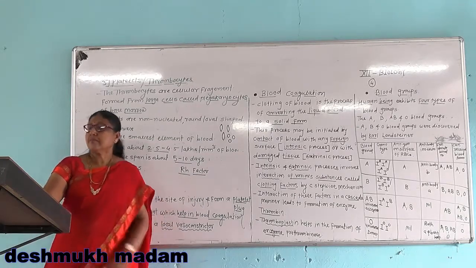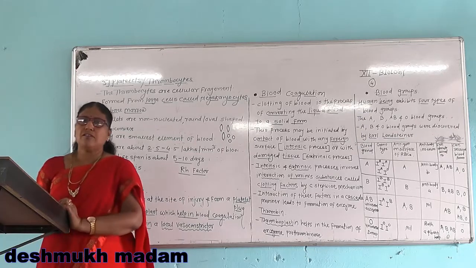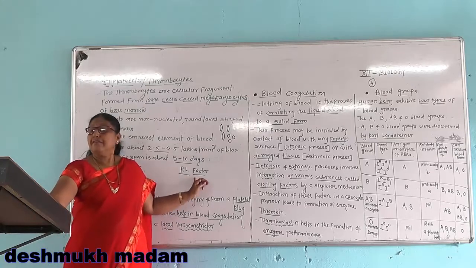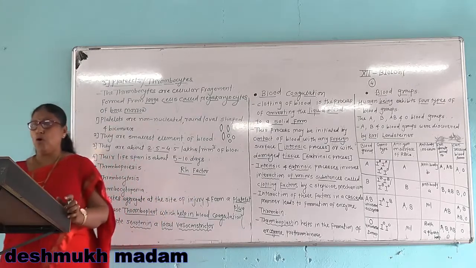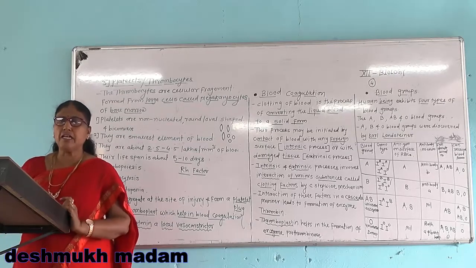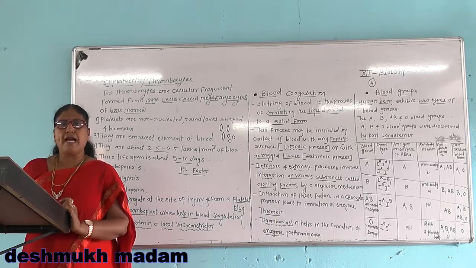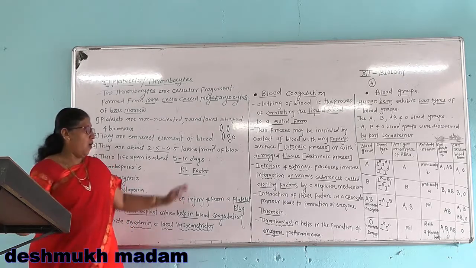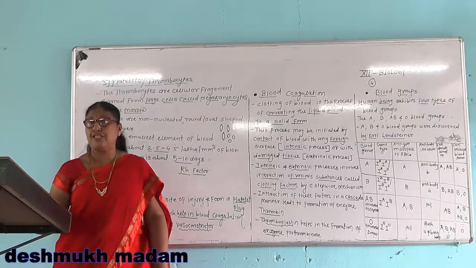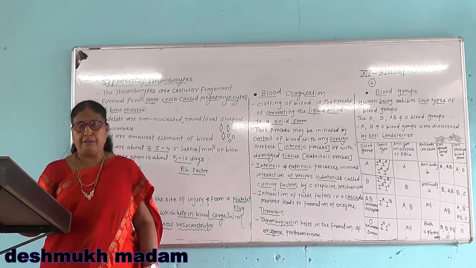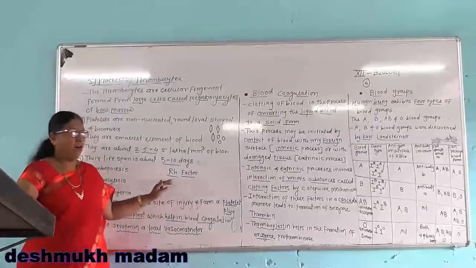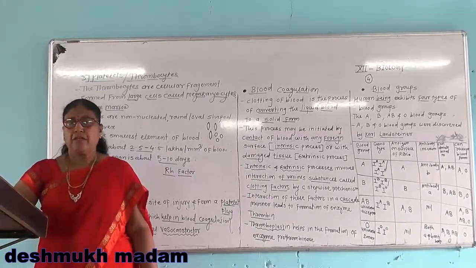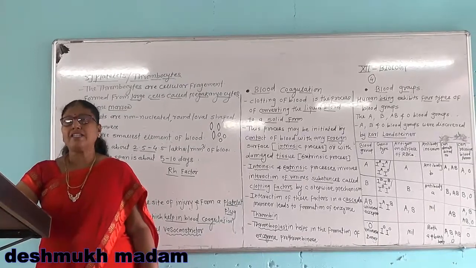RH factor was first discovered by the scientists Landsteiner and Wiener in 1940 on the surface of RBCs of rhesus monkey.